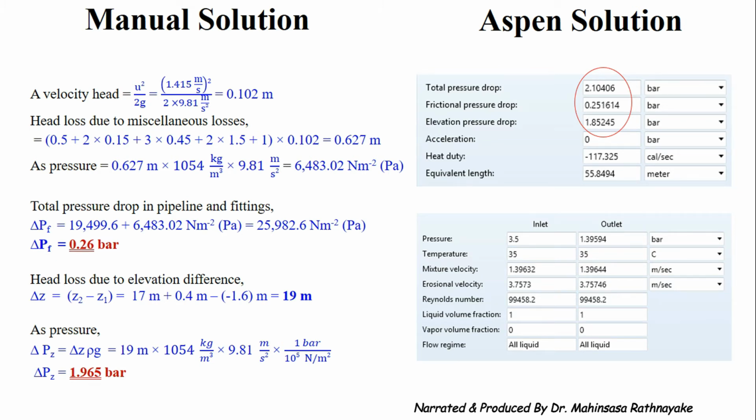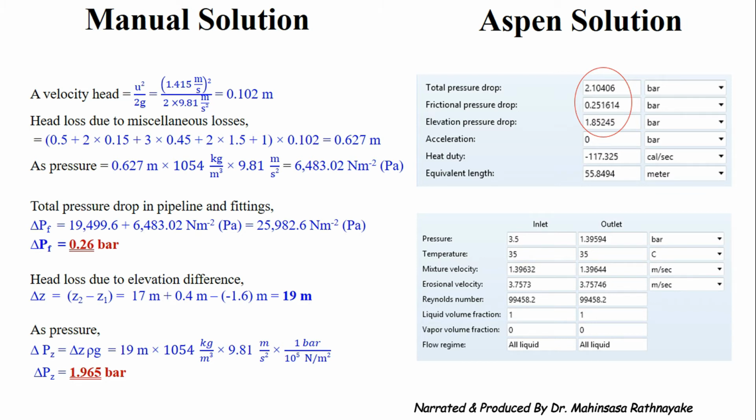So the total K factors will be multiplied by the velocity head, and we receive the total head loss due to miscellaneous losses is equal to 0.627 meters. And as a pressure value, we can obtain 6483.02 pascals. So adding up the miscellaneous losses and frictional pressure drop, we end up with the total pressure drop equal to 0.26 bar.